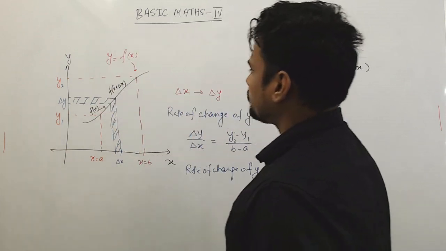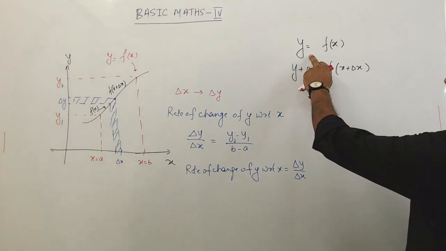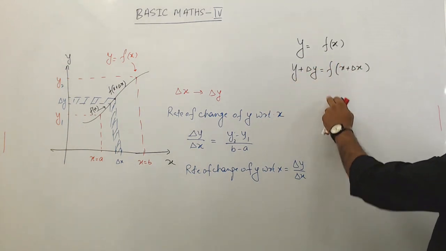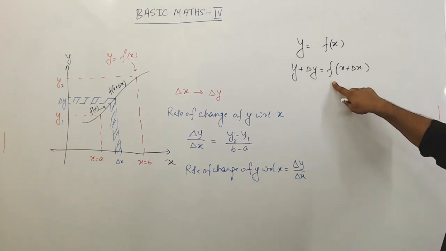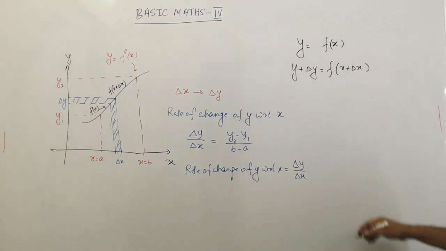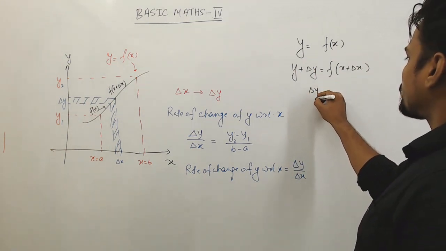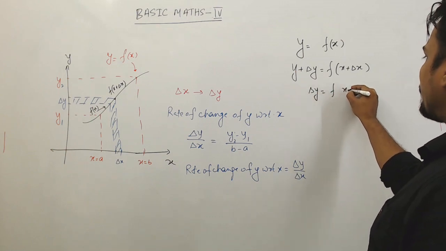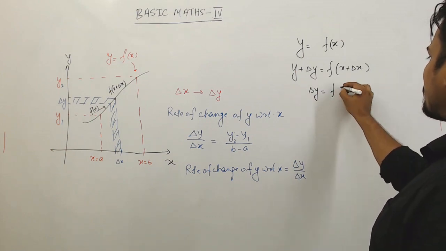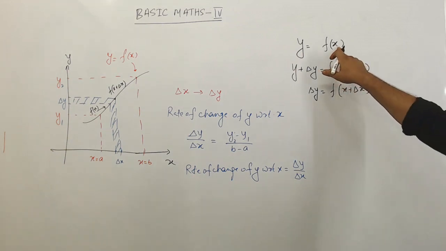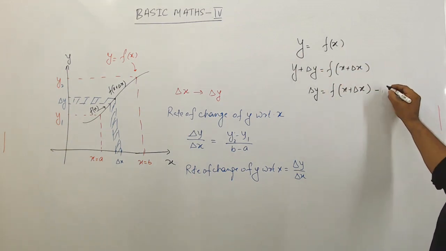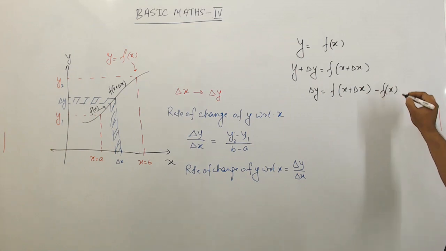All good? So y, I write f of x, then y plus delta y, that is this distance, I should be having f of x plus delta x. That means delta y should be written as f of x plus delta x minus y. What is y? F of x. So I can right away say this is f of x plus delta x minus f of x.